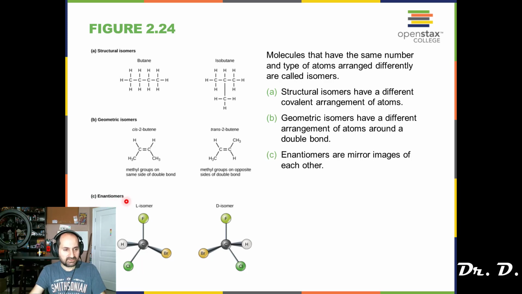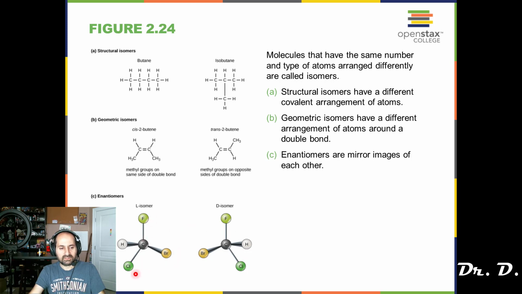Here's another type of isomer. It's called an enantiomer. This is a special kind of isomer that usually has to do with carbon's tetrahedral shape. Remember its pyramid shape when it's only making single bonds? See, here's a carbon that's attached to a fluorine, a bromine, a chlorine, and a hydrogen. This one on the right is also attached to a fluorine, a bromine, a chlorine, and a hydrogen.